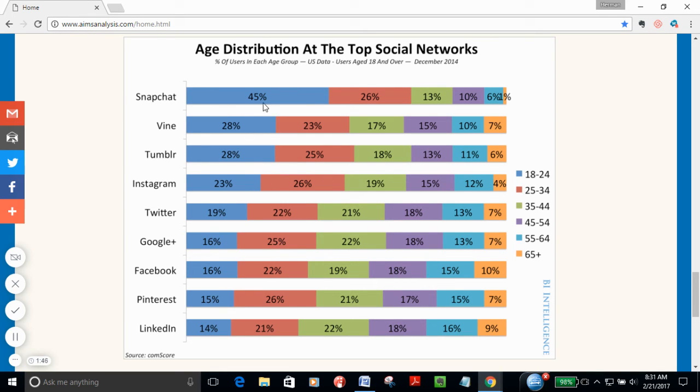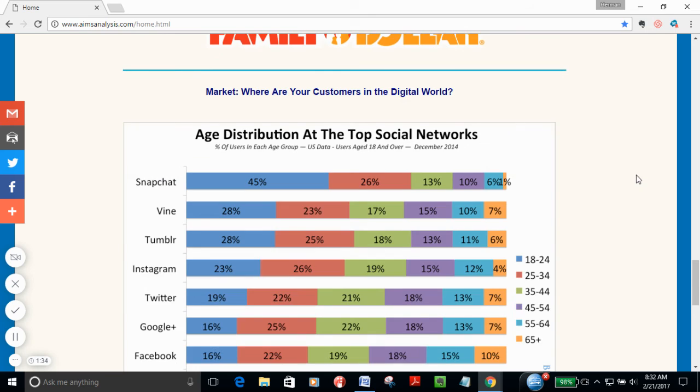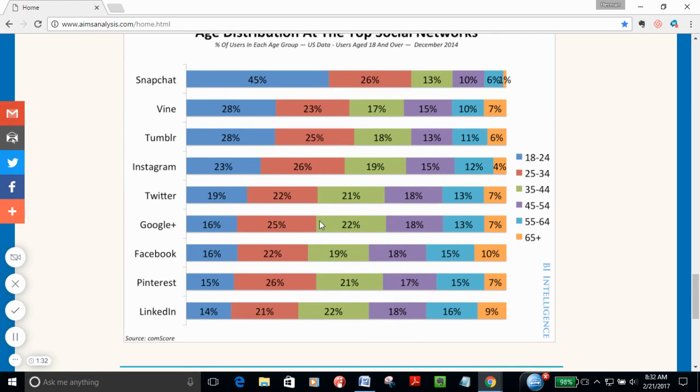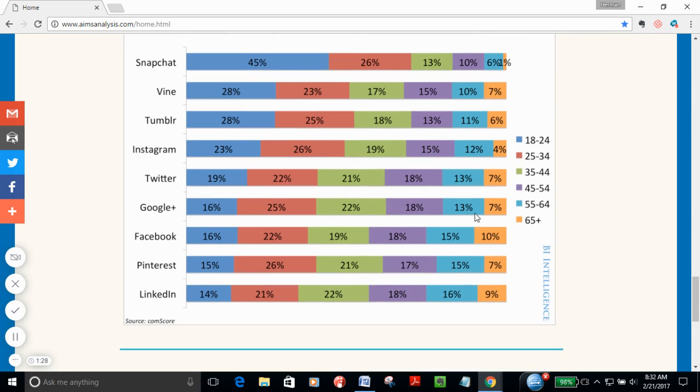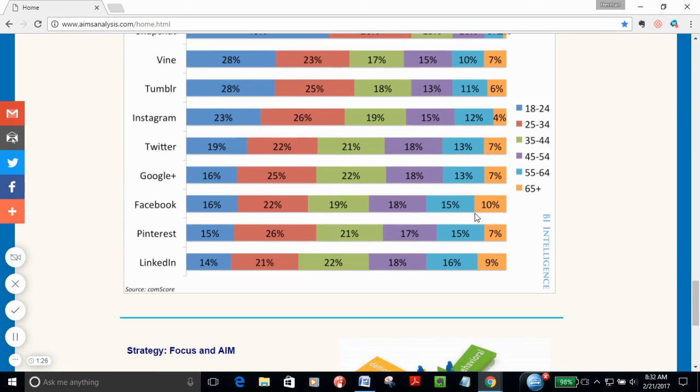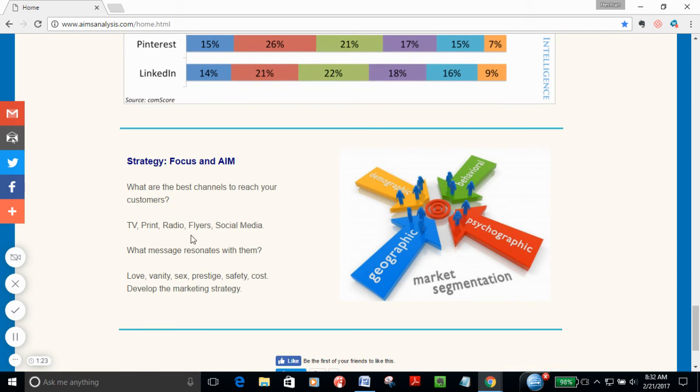And so we need to know where they are because, again, we cannot create or execute a marketing campaign unless we know where they are in the physical world and where they are in the digital world. And of course, we'll be able to make a determination about what kinds of content they are consuming. And so that's the key.